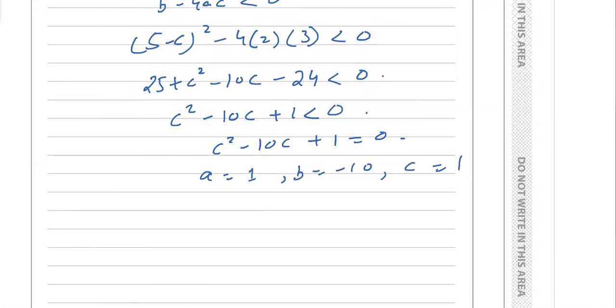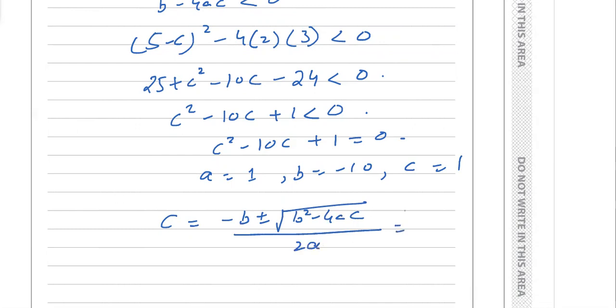So c equals minus b plus minus square root of b square minus 4ac over 2a. Here I can write minus of minus 10 plus minus square root of minus 10 square minus 4 into a into c, over 2 times 1.